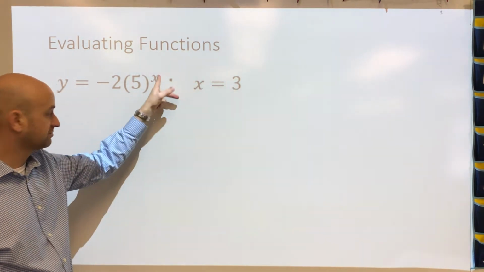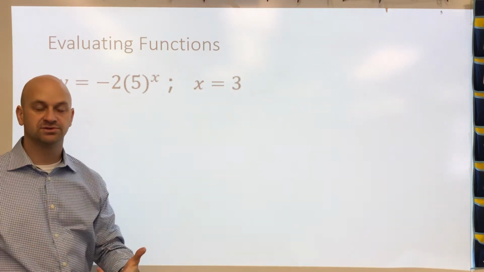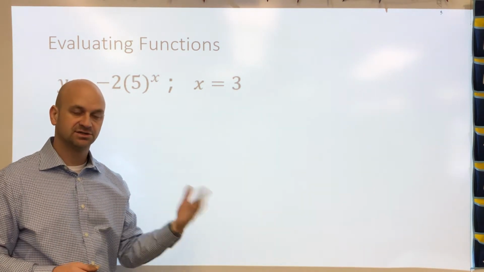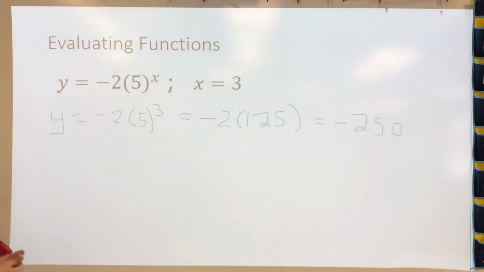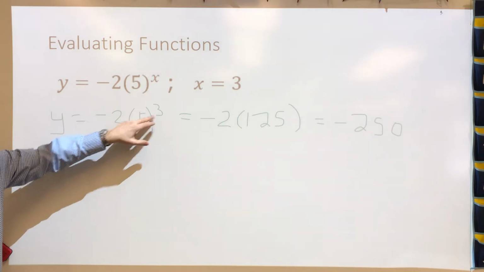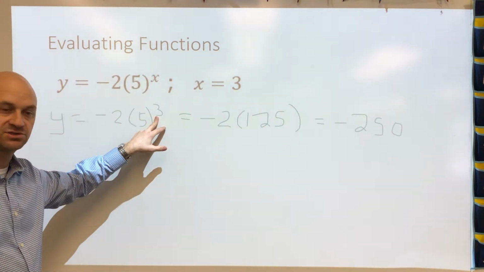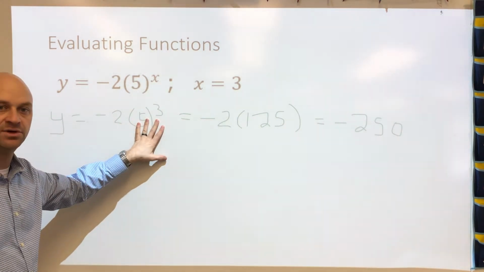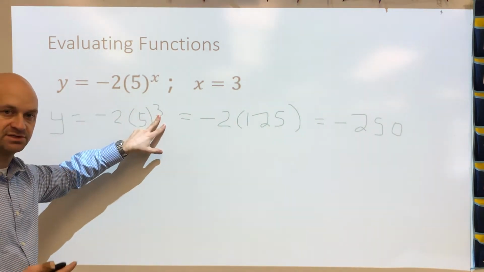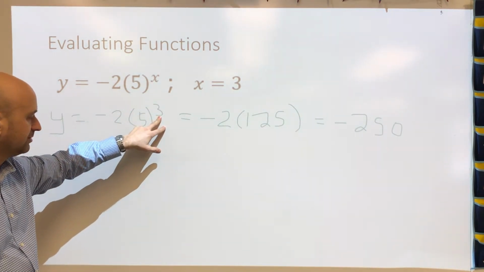We just plug 3 in for x, and then use our PEMDAS, our parentheses, exponents, multiplication, division, addition, and subtraction, if we need it. So we have y equals, and we plug in our value of 3: 5 to the third power. This might be something you know. If not, you do want to study your cubes because they come up often in problems.